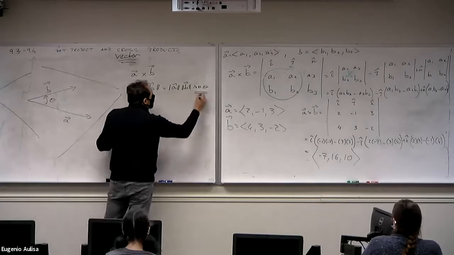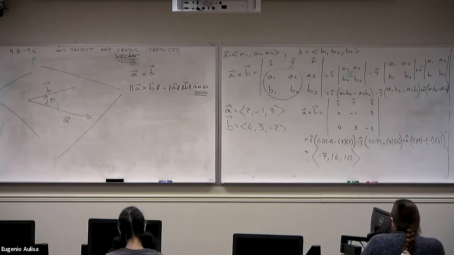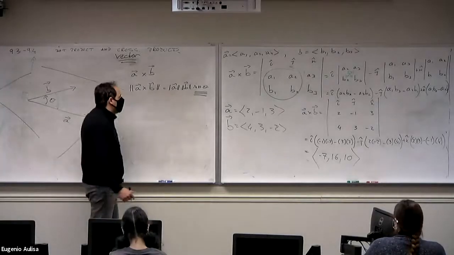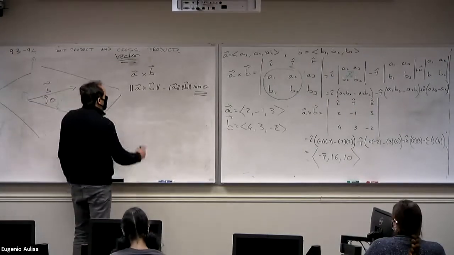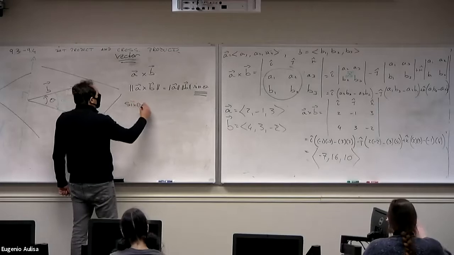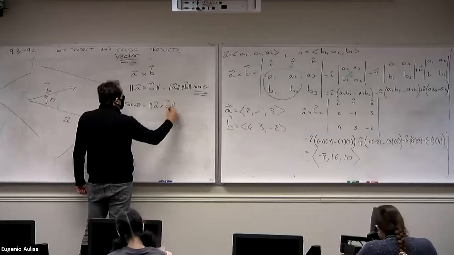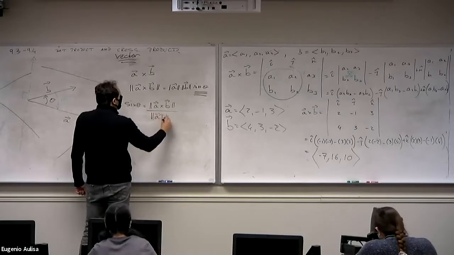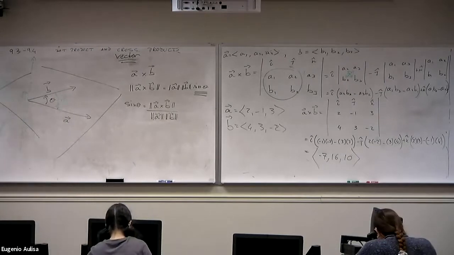Now assume that I'm asking you to find the sine of theta between the two vectors, A and B. Then, assuming that both vectors are different from the zero vector, the sine of theta is going to be the length of A cross B divided by the length of A times the length of B. This formula is perfectly fine.